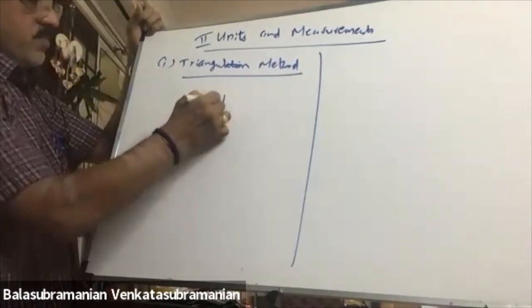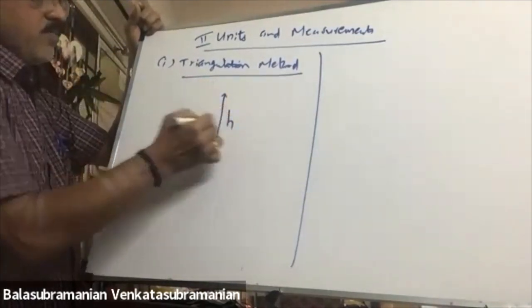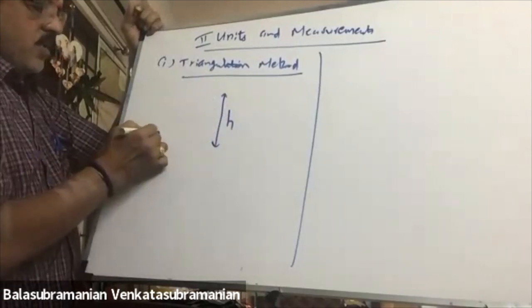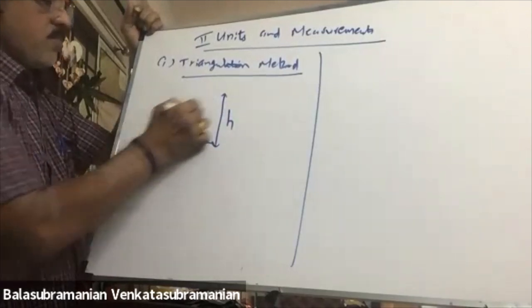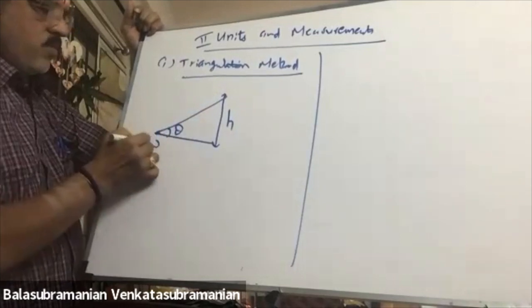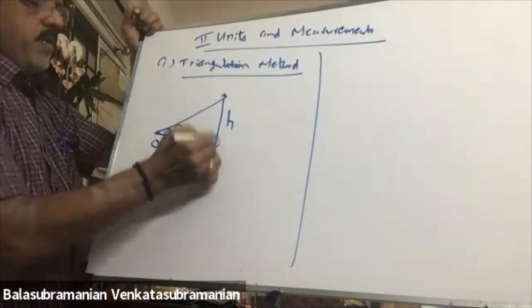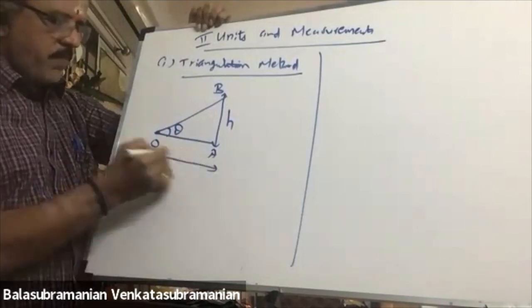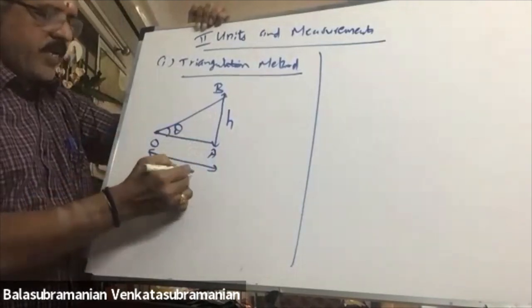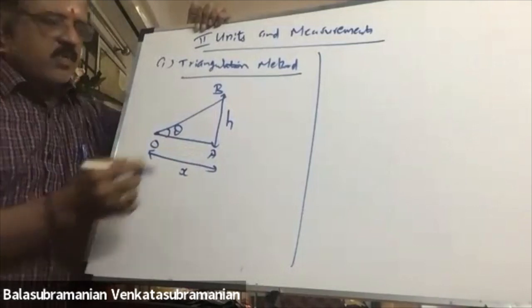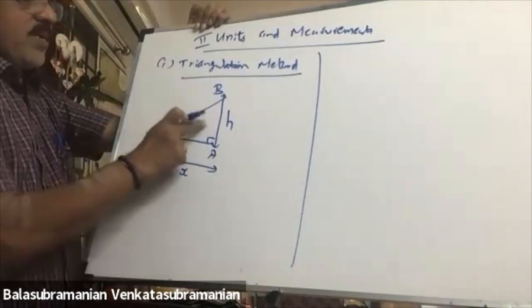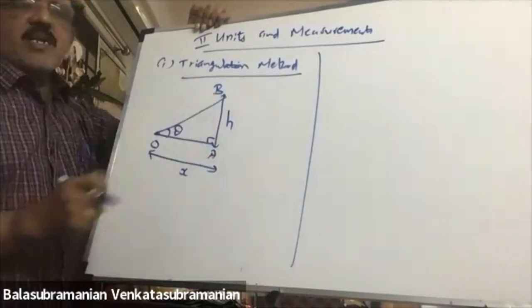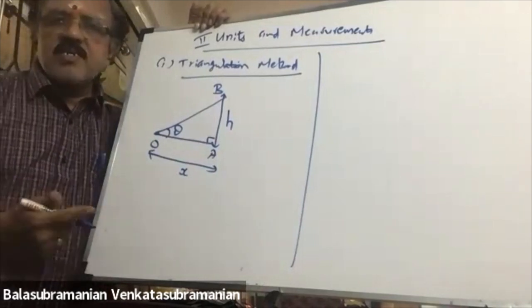Suppose this is a tree of height h, with the observer at O, and the tree's top and base as B and A. From the observer to the base point of the tree, you take the distance as x. This angle is 90 degrees. Our aim is to calculate the distance AB, that is the height.